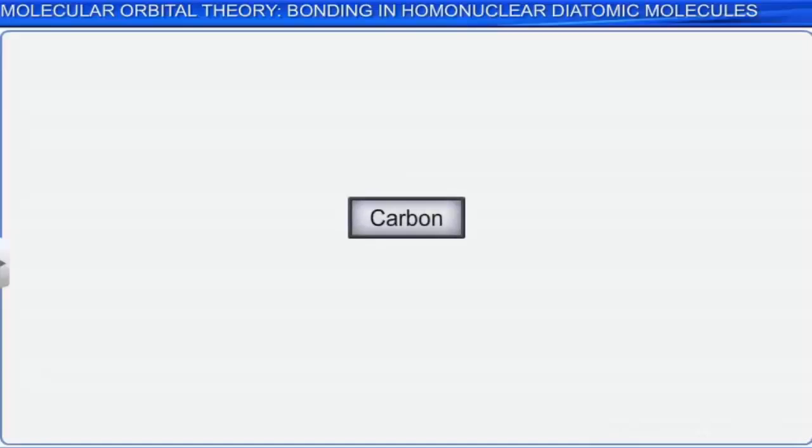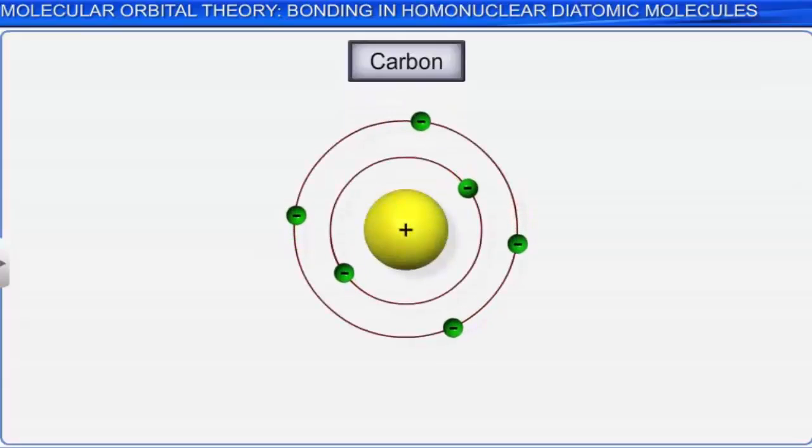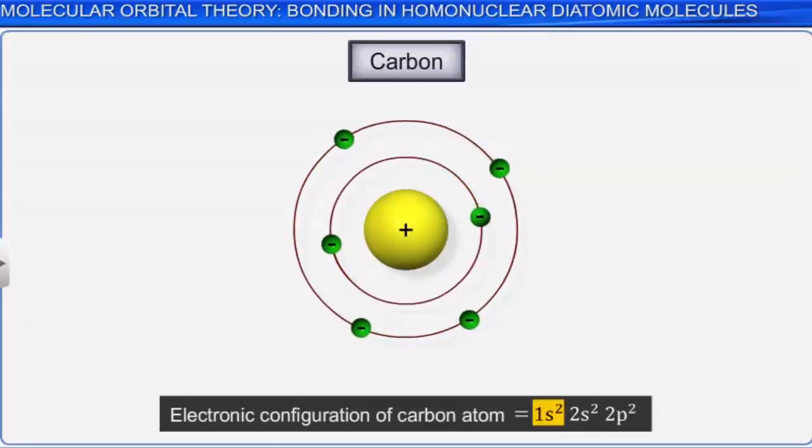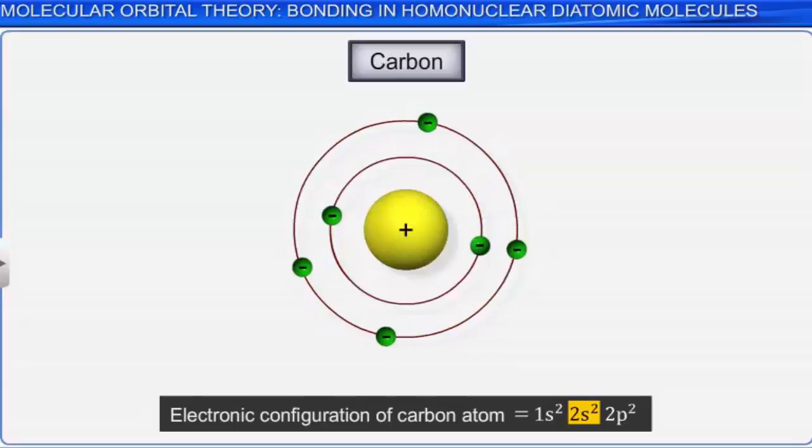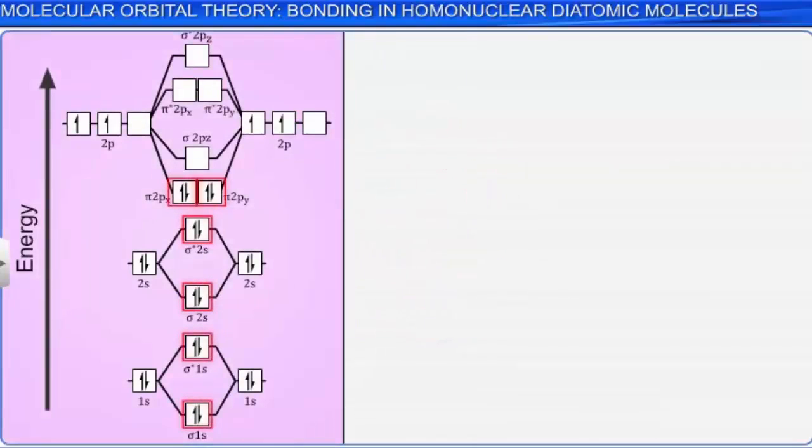Now, we'll see the bonding in another diatomic molecule, carbon. An atom of carbon has an electronic configuration of 1s2, 2s2, 2p2, which makes a total of 12 electrons in a carbon molecule.